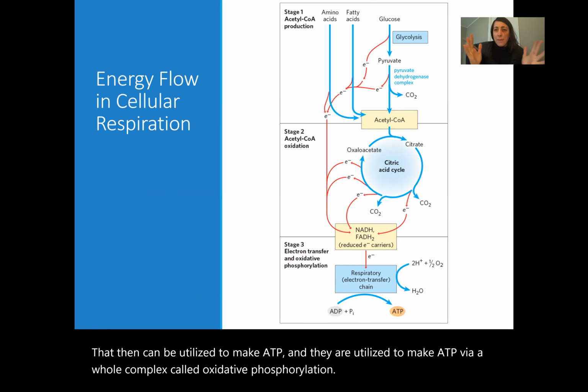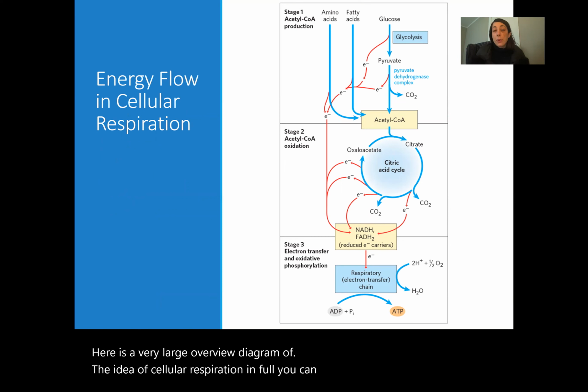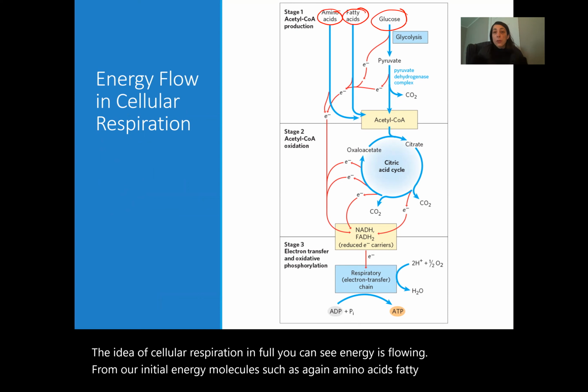Here's a very large overview diagram of cellular respiration in full. You can see energy is flowing from our initial energy molecules, such as, again, amino acids, fatty acids, sugars like glucose.